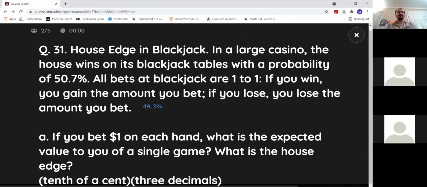I'll talk about that in the slide. We won't spend too much time, it's the same thing, just the other side of it. All right, value times probability, right? That's what we're doing.